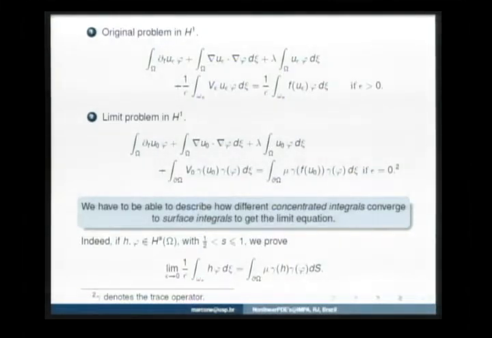So we have to describe how these different concentrated integrals converge to surface integrals. That is the case in the boundary condition, okay? So what we have to do here is to be able to pass the limit, and we have to show that this limit problem is actually the limit problem of this equation. And we have to show in which space it's possible at all.